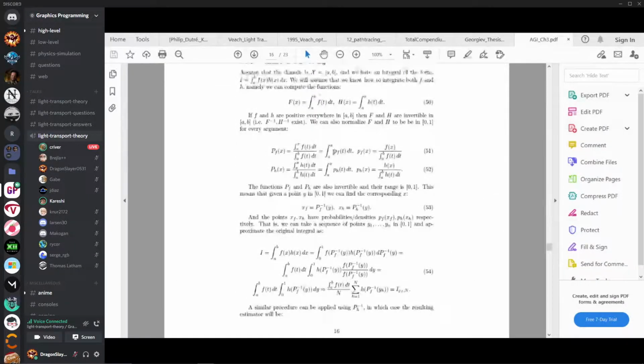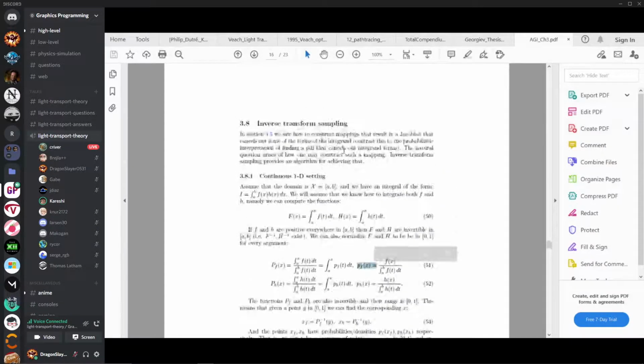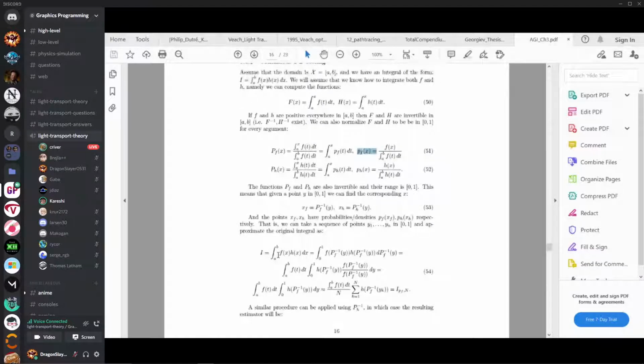Okay, so let's say you have two estimators. You build two PDFs from those. So you want to compute the integral of f multiplied by h. You know how to integrate each separately, but you cannot integrate the product of those. Then you build a transformation that has f as a probability density function and h as a probability density function.